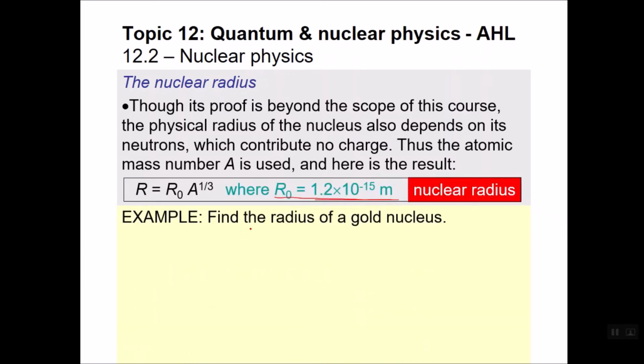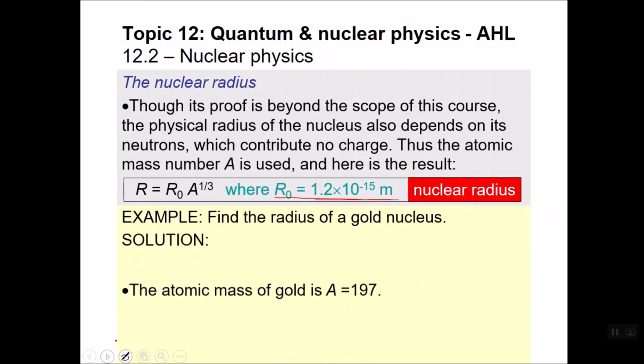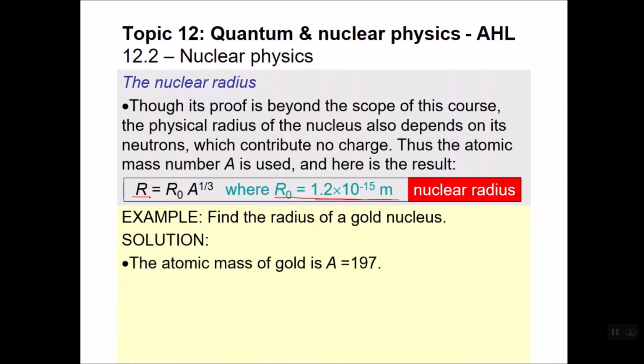So using this, find the radius of a gold nucleus. This is the radius that we're looking for. This is R naught, which is given right here, and it will always be given to you. If it's not given to you, this is what the value is. So you need to know that, but just know they'll probably be giving it to you.